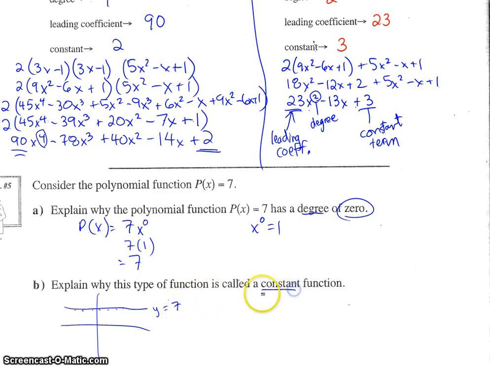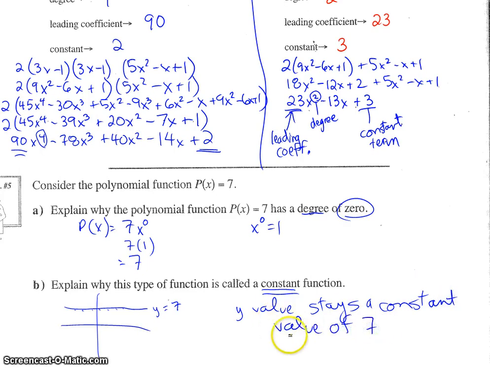That's why it's called a constant function, because the y value stays a constant value of 7. I'll just put in brackets, no matter what x is. Okay, that's the idea on that one. Great, let's look at the next page.